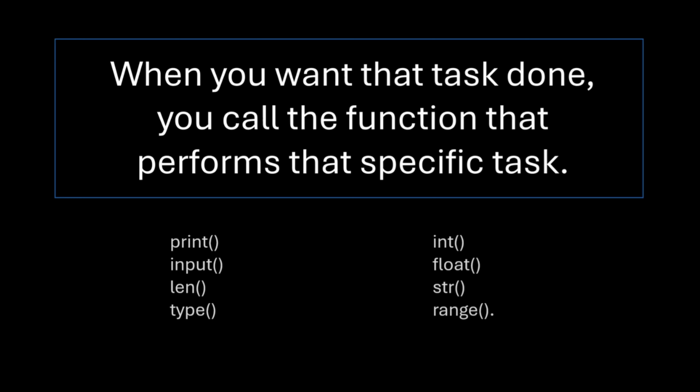Even though all you see is print, and I'm going to talk about that a little more in the coming slides, there's actually underlying code behind it. So when you write print with parentheses, all you're doing is calling that function to perform a certain task.